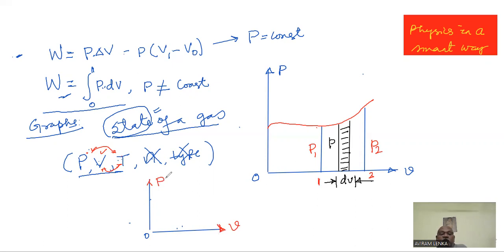On the y-axis usually you have pressure and on the x-axis you have volume. If you put a dot on that graph, a point on the pressure volume graph must have its x-coordinate and its y-coordinate. Y-axis is pressure, x-axis is volume.